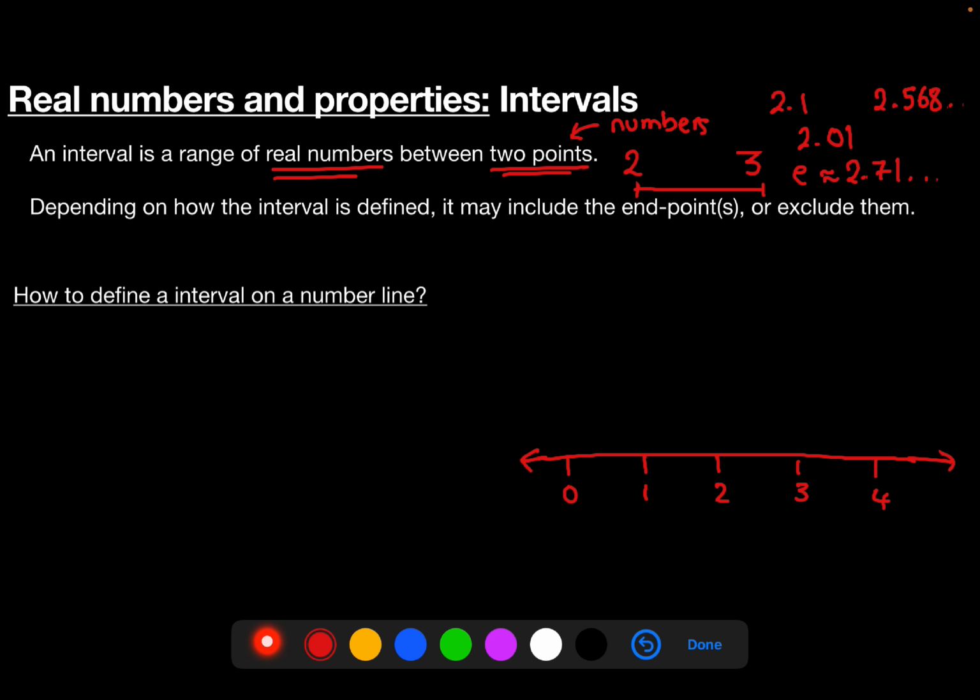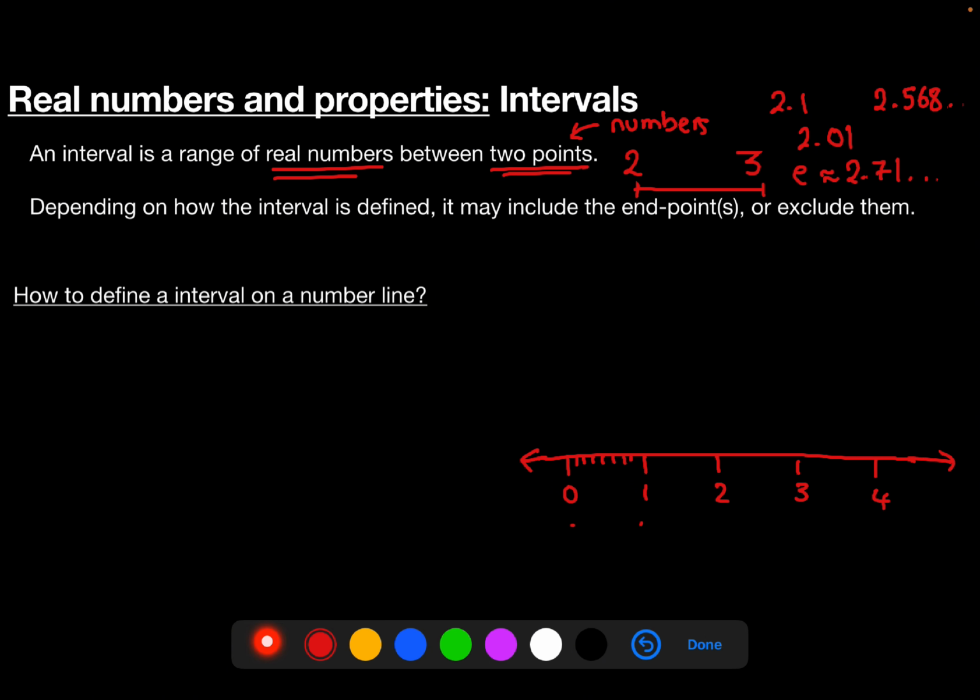And it also includes every single real number between these 2 natural or integer numbers. So if you want to define an interval, say that starts from 0 and goes up to 3, how do we differentiate if we're including 0, if we're including 3, or if we're excluding them?